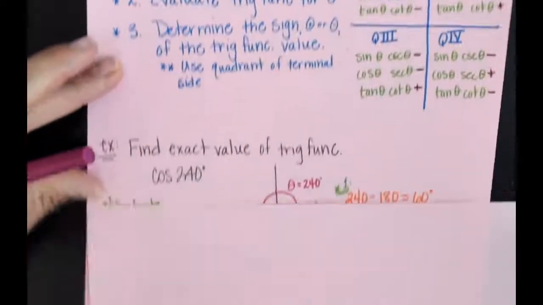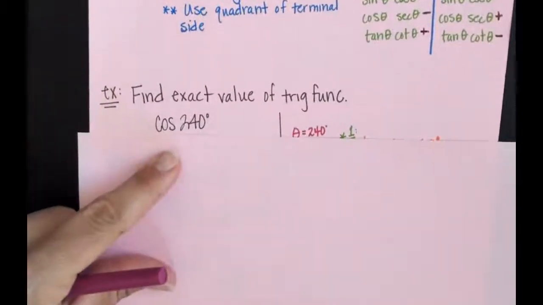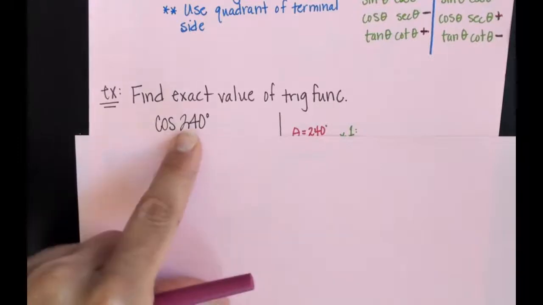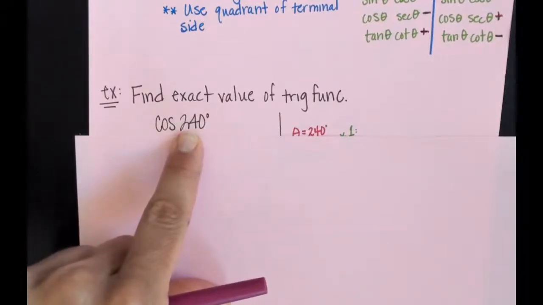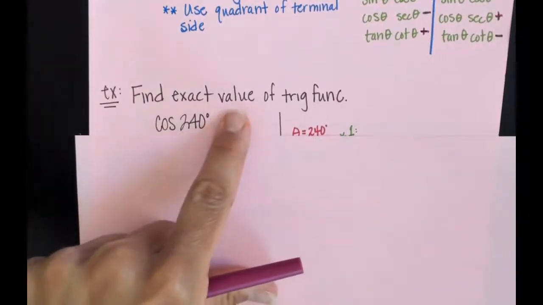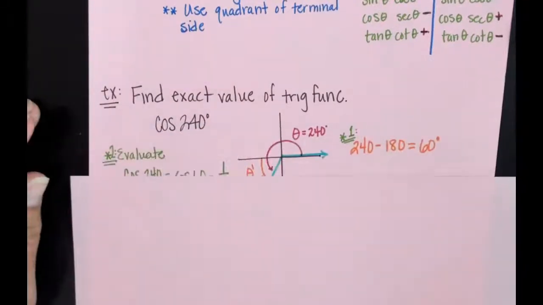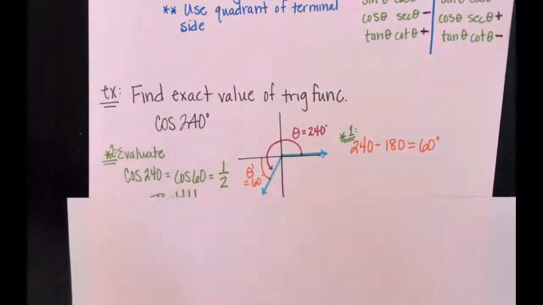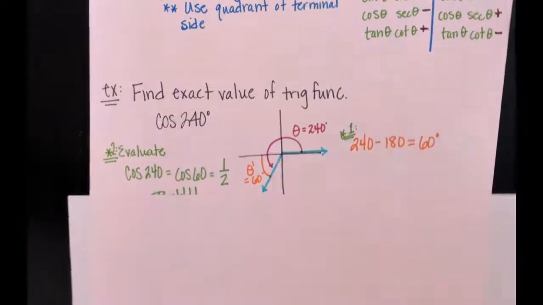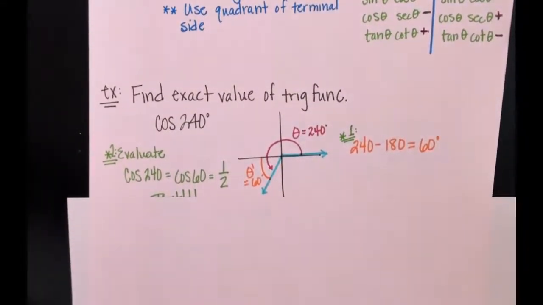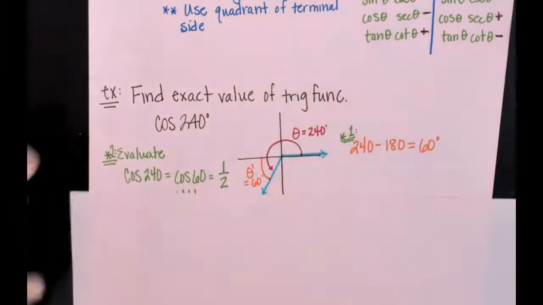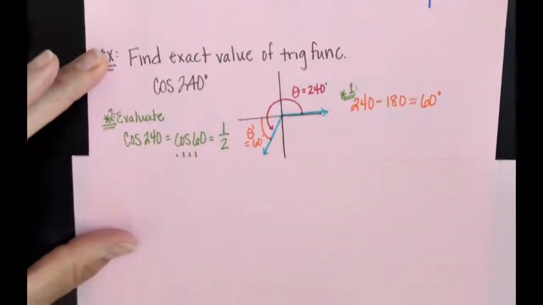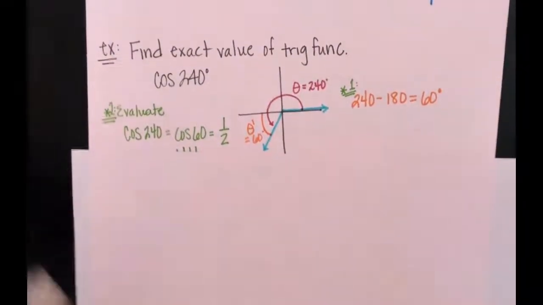So I have: find the exact value for cosine of 240. Well, if it's saying exact value, then our reference angle is going to have to be one of our special rights. So keep that in mind. Anything that isn't a special right, 30, 60, 90, 45, 45, 90, you're not going to be able to get an exact value.